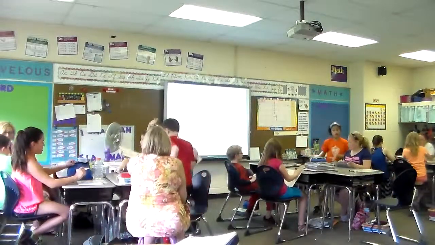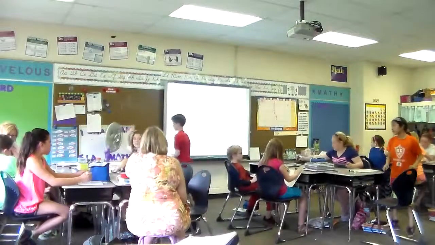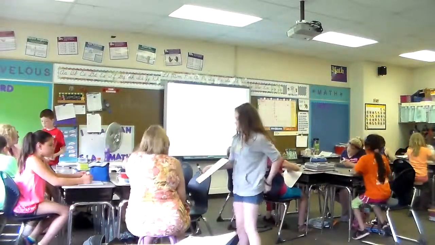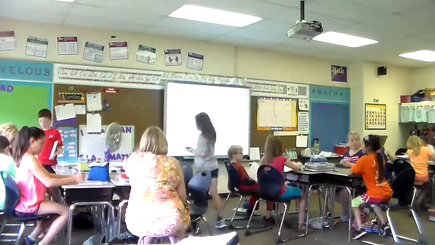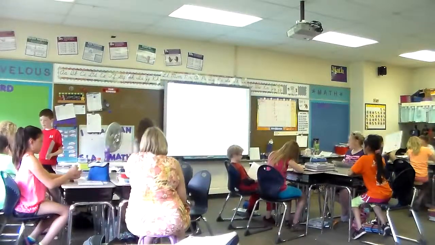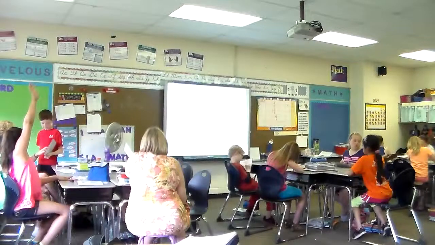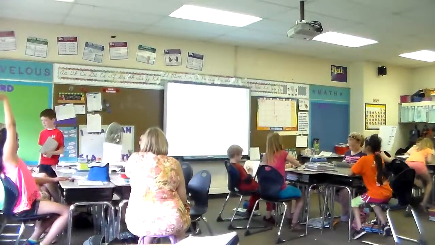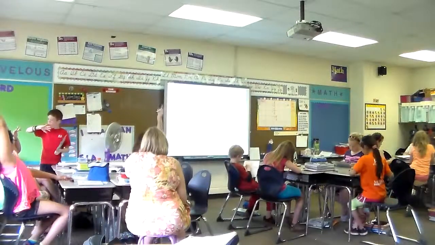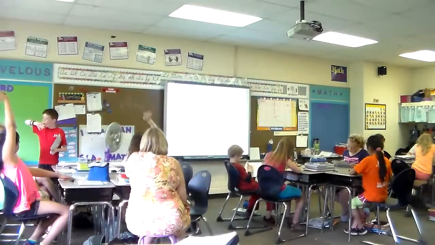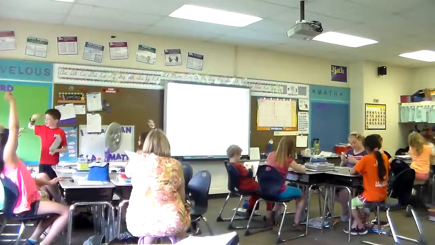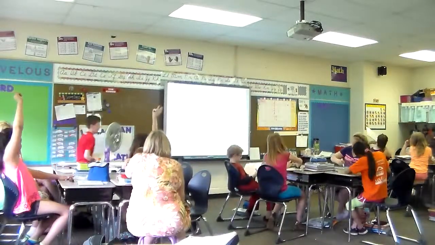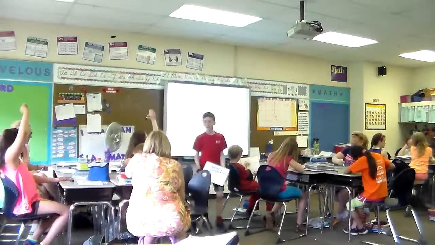Take the 3/5. Okay, so what is it? What do you multiply by? 3 plus 2 is 5. He's right. Now read that number. So you multiply by 2. That's not quite right.